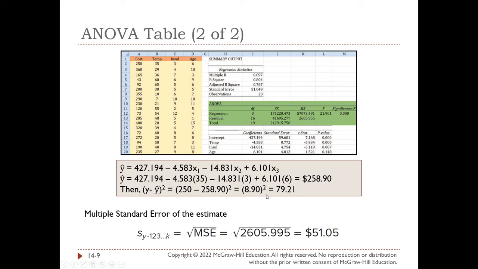Okay, so what they're doing right here, it's like, where are these numbers coming from? So again, we know the formula. So where they're getting the 35, 3, and 6, and the 250, they're all pulling that from this line right here, okay?